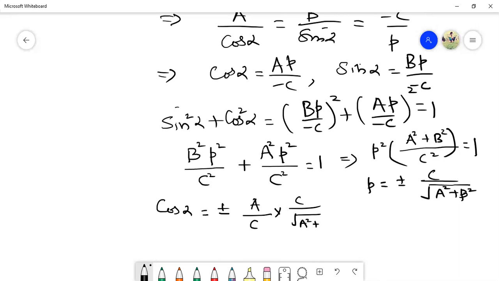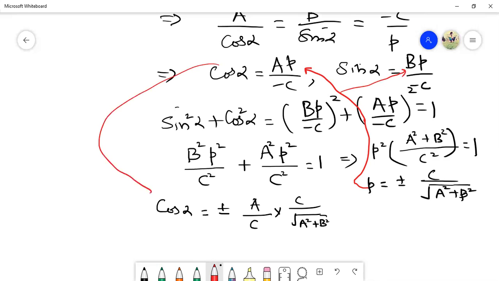I am substituting this value of p here and here to get the value of cos alpha. So cos alpha will become ±a/√(a² + b²).